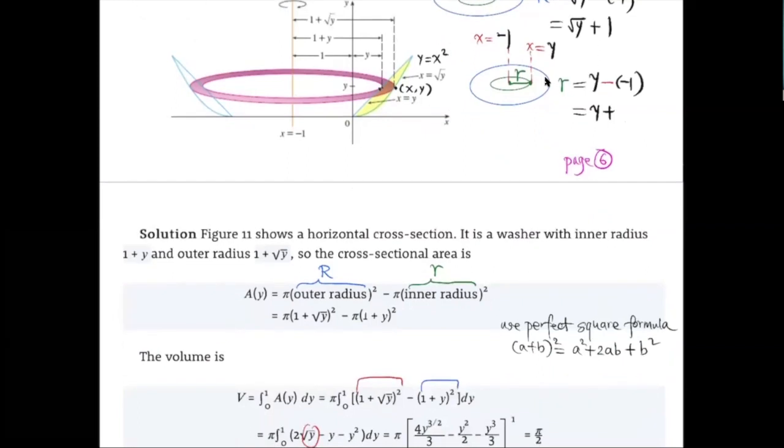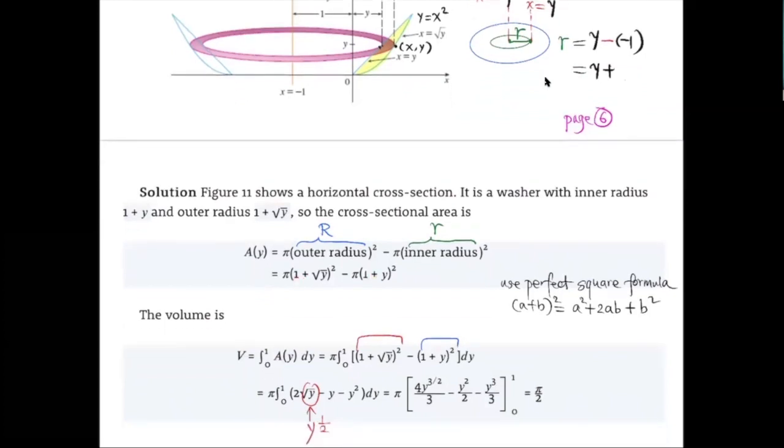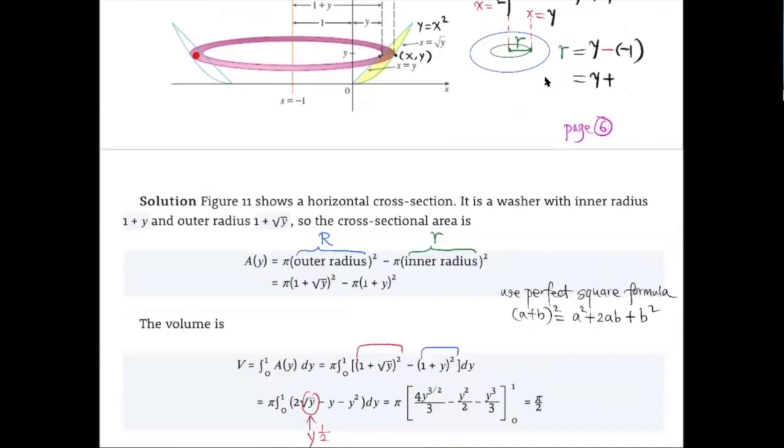So this is the cross-sectional area. Now, when you integrate this cross-sectional area, with this dy here as the thickness of the disk, the cross-sectional area times the thickness gives you the volume of one slice.